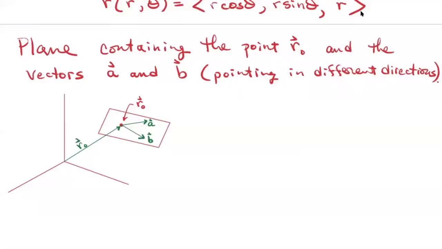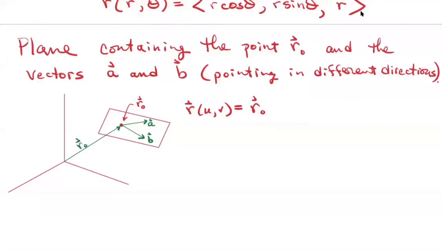So basically what we want to say is that R, and this is the parameterization of the plane, R of UV, we'll start with R0, and then we'll just add multiples of A and multiples of B, and you know that has to be in the plane.